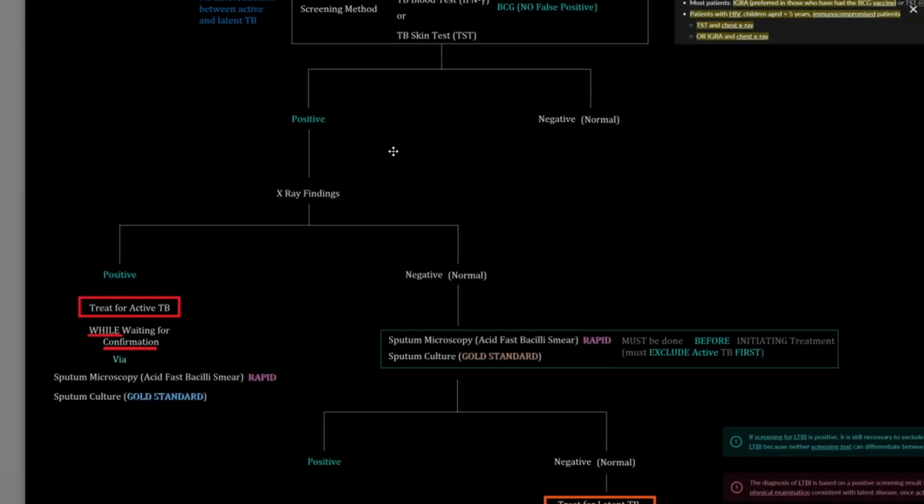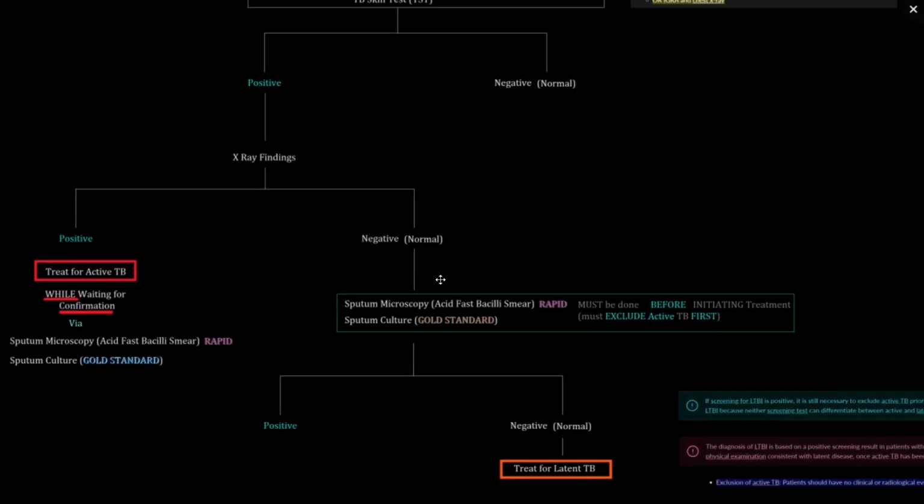Then you want to know, is it a latent or an active case of TB? You will do a chest x-ray. If it came positive, immediately start treating for active TB while waiting for the confirmation via the gold standard, which is sputum culture, okay. If the chest x-ray came negative, this is a case of latent TB, okay.